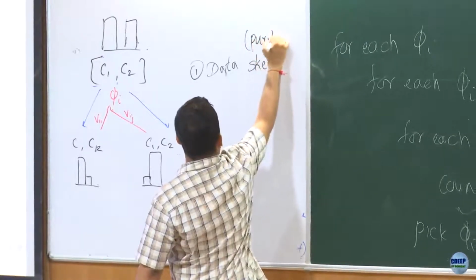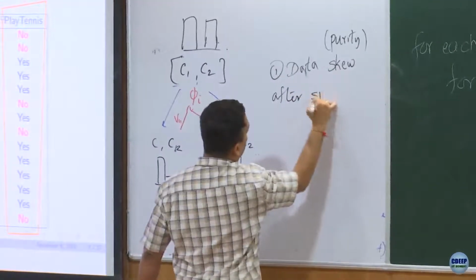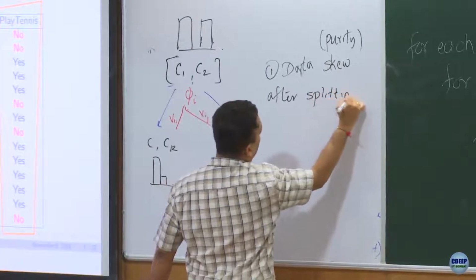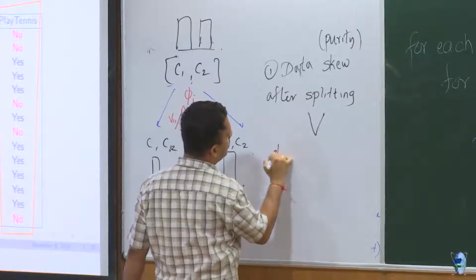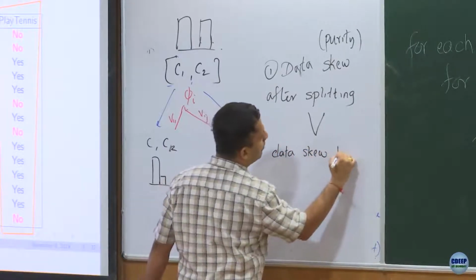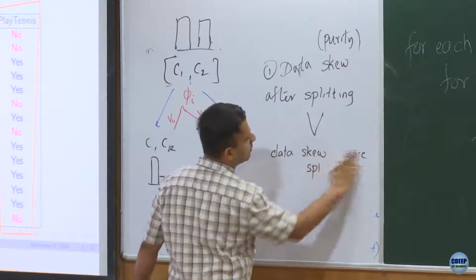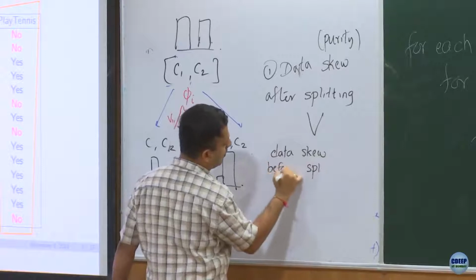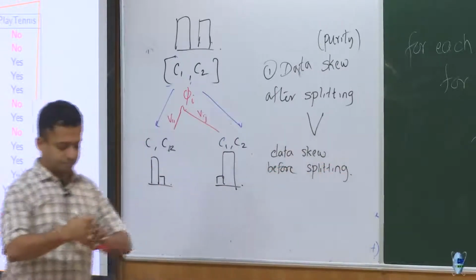So data skew after splitting should be greater than data skew before splitting. This is one requirement.